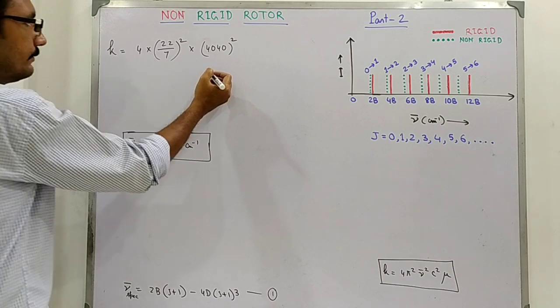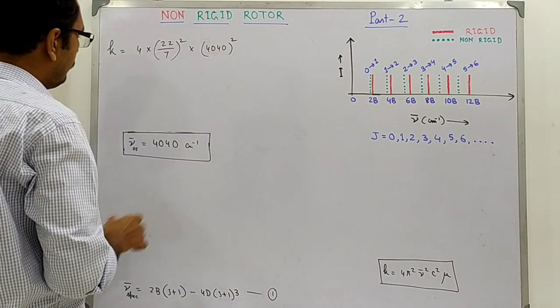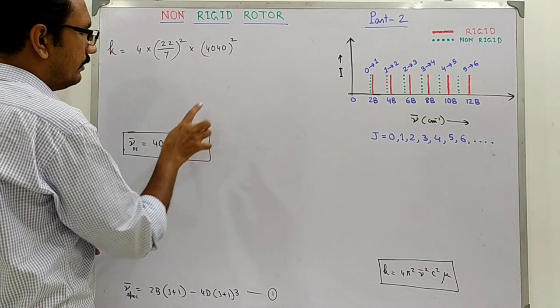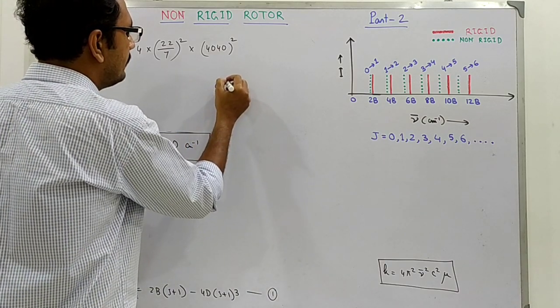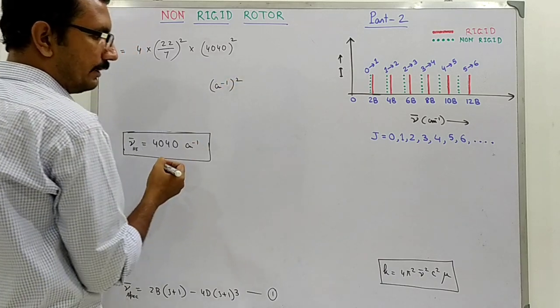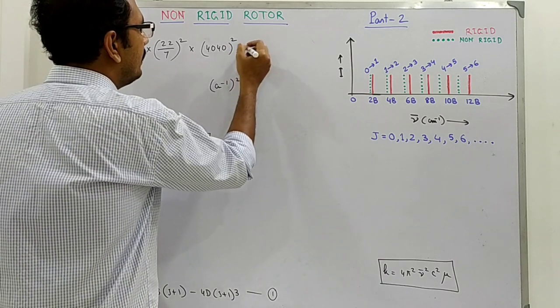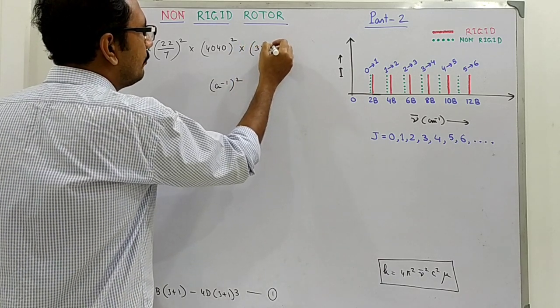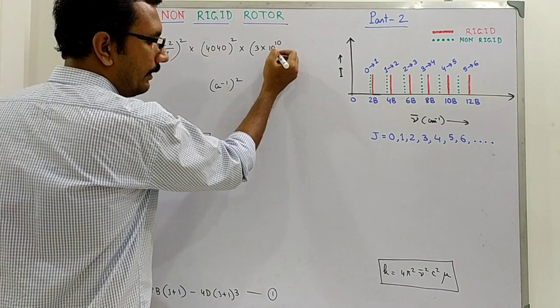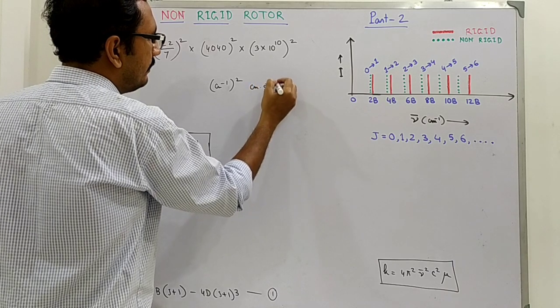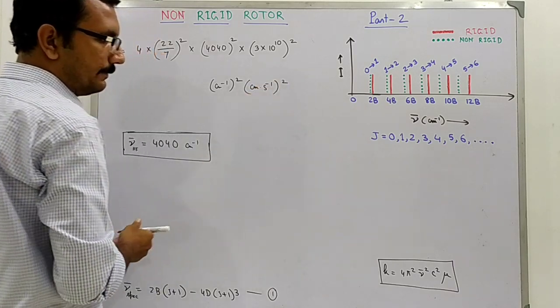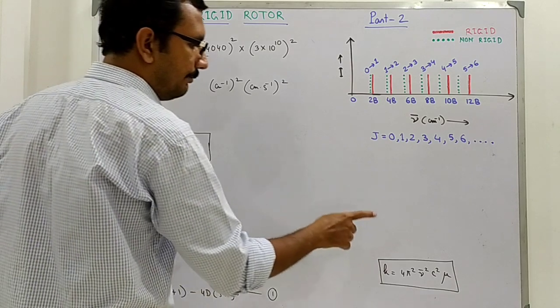Now, for this we will get centimeter inverse squared. So, here I write centimeter inverse square. Now, we have c square, so it will be 3 into 10 to the power 10, squared. So, we will get centimeter per second squared, and then we have mu.